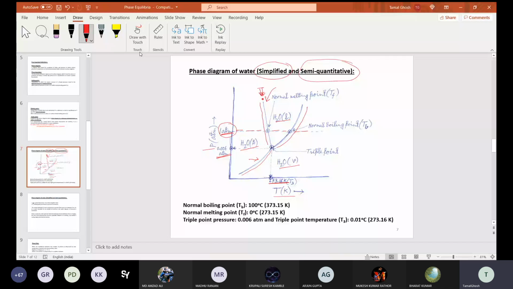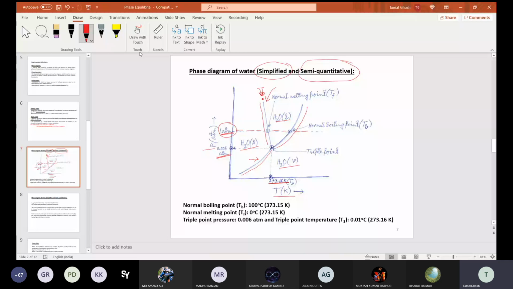So you must keep these two things in mind when you are drawing this phase diagram. One was the nature of the phase boundaries, especially the solid-liquid one, and the other, the position of the normal pressure on the y-axis, which must be placed relatively higher than the triple point pressure.